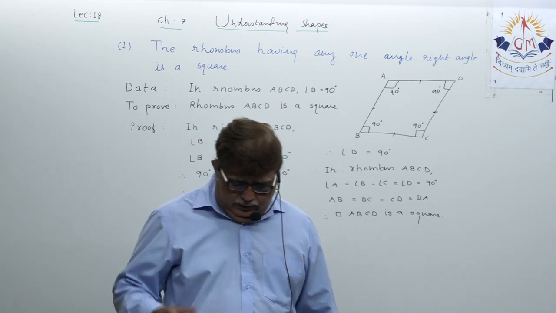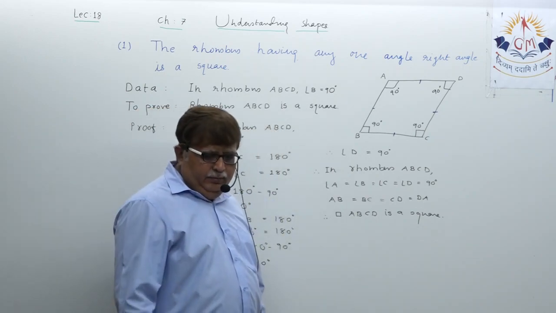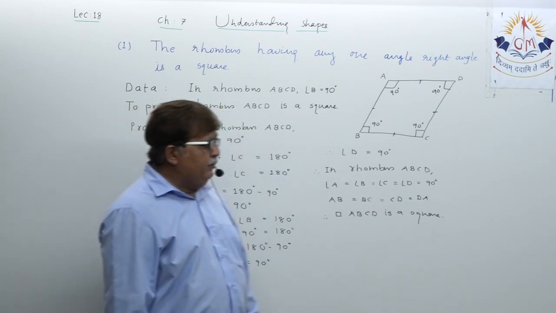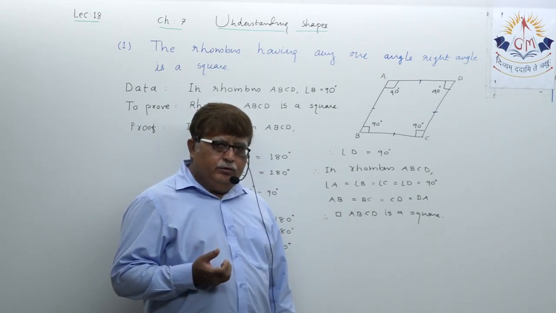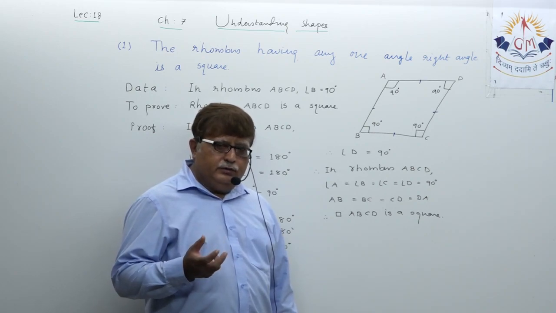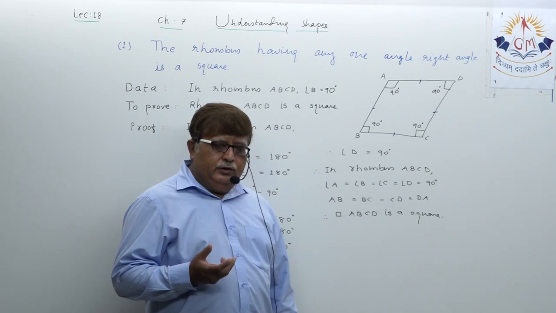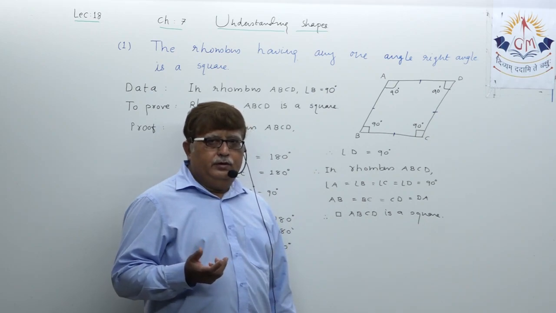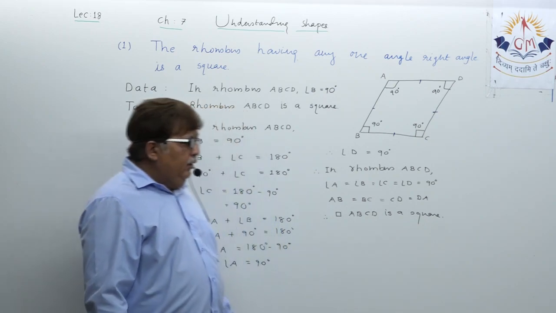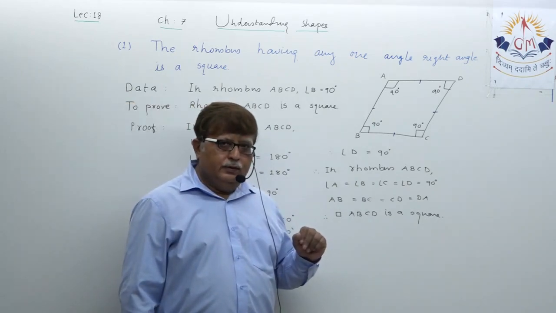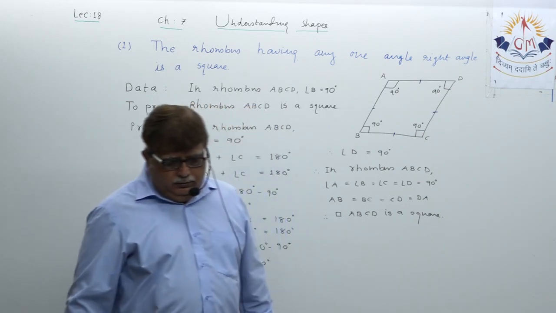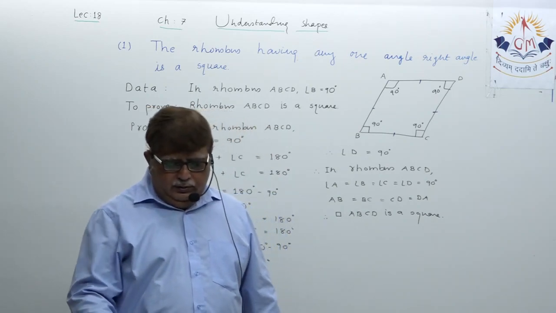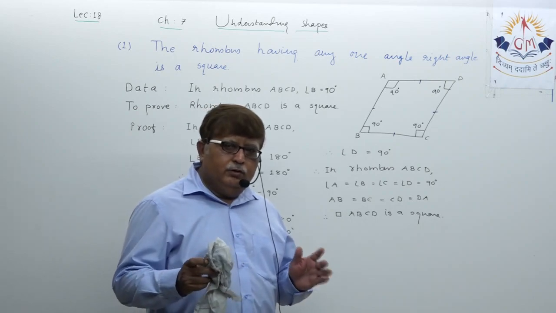Now, as you know, dear student, I mentioned at the start of this lecture that today we are going to solve different types of examples involving the general concept of quadrilateral, properties of parallelogram, square, rhombus, rectangle, etc. So after this geometric example, now we are going to solve some examples involving a variety from the whole chapter.